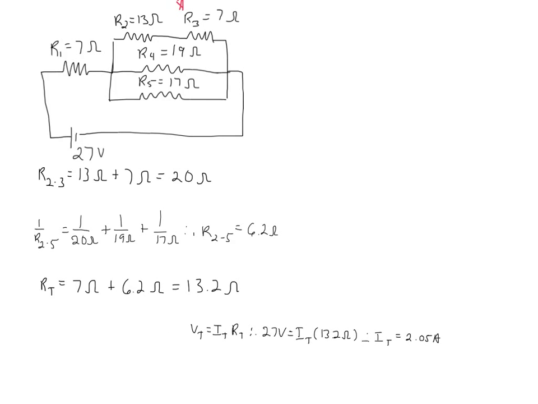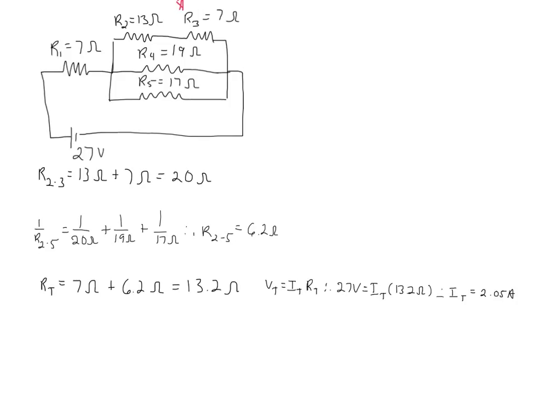So that is our total current in the circuit, and that's the current flowing through R1 and the total current flowing through the whole combination of R2 through 5.